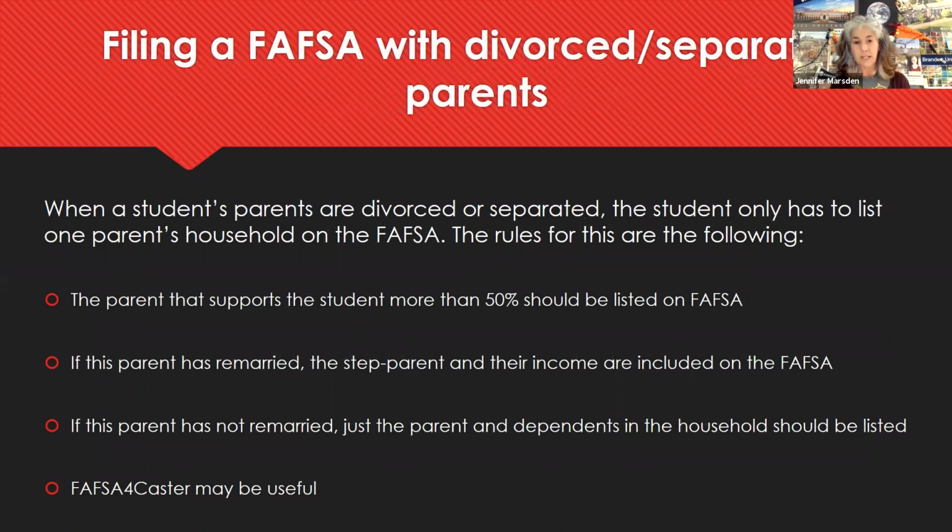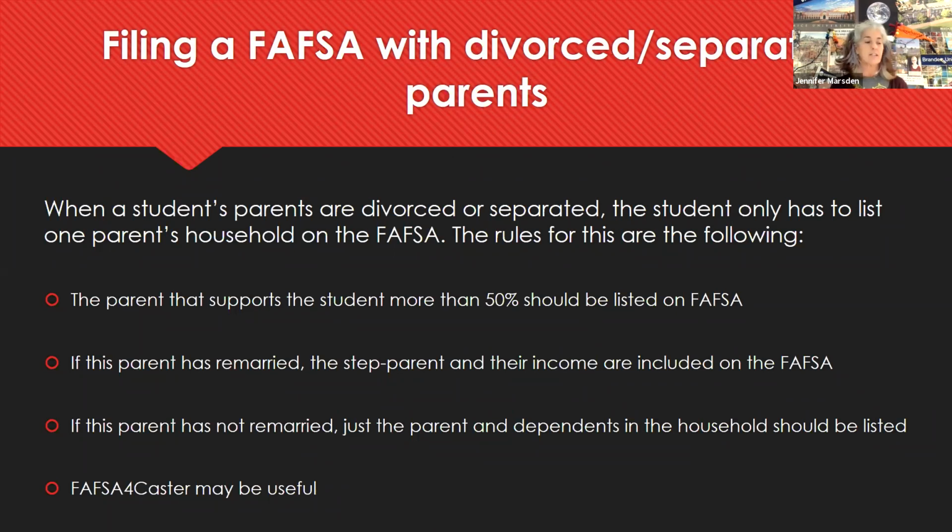This is also a situation a lot of our students run into. Parents are divorced or separated. How does the FAFSA work then? The FAFSA is asking, if your parents are divorced or separated, they only want the financial resources from one of those parents' households. They're asking for the parent that the student spends the majority of time with.